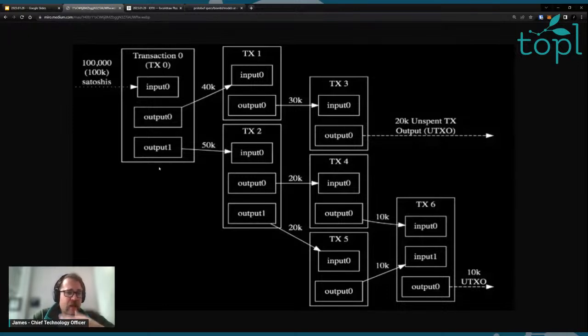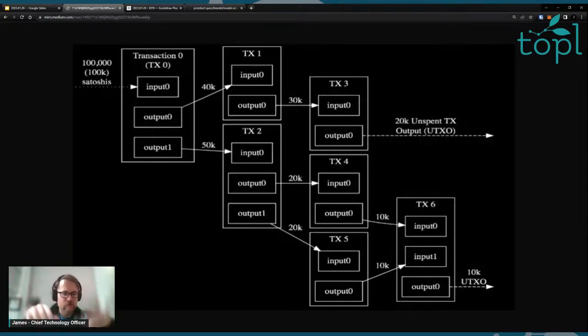But really, you could have any. What if I made up an arbitrary arithmetic rule and said the sum of the inputs has to equal the sum of the outputs divided by 2? Or it's the sum of the outputs times 90%, and there's always a 10% fee attached.